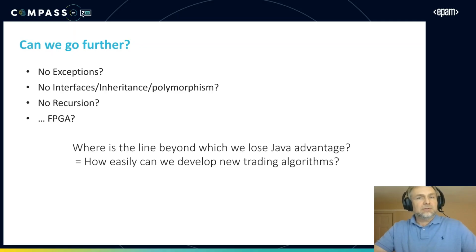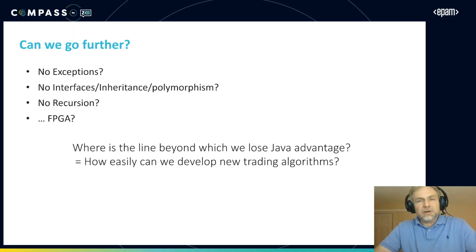How about polymorphism and overridden methods, cost of virtual calls and all that? What about recursion? We need a lot of stack space, right? Perhaps we should prohibit deep recursion. Where does this lead us to? Maybe we should advance towards FPGA or GPUs.